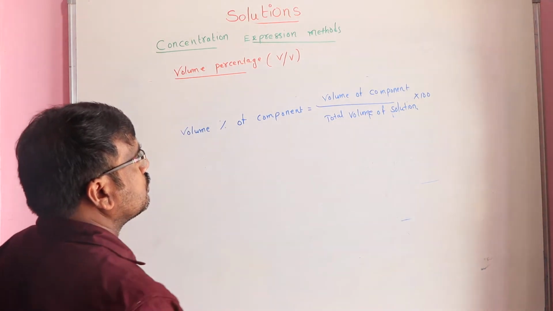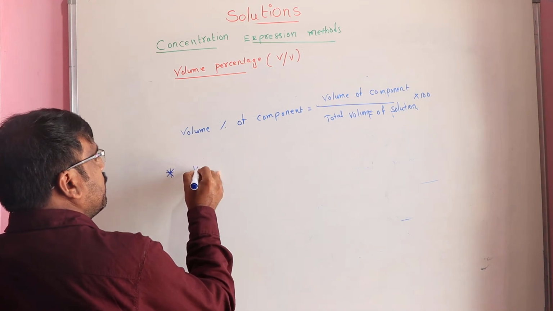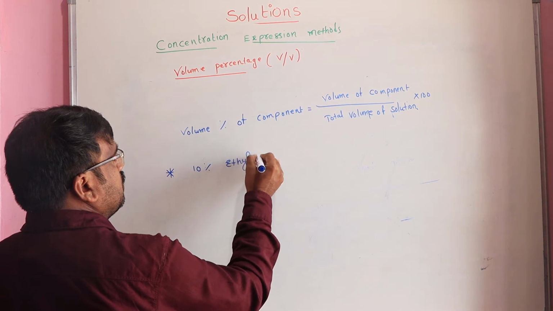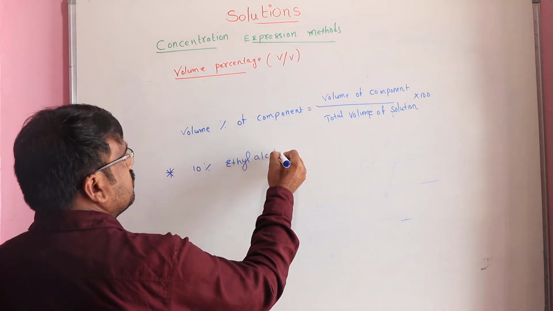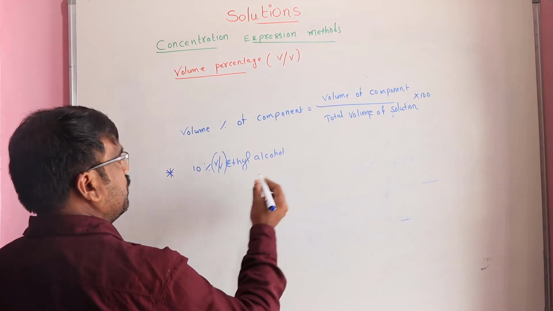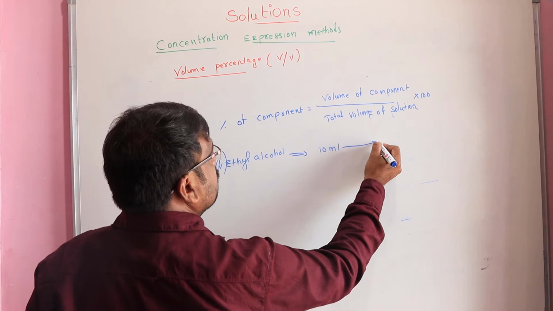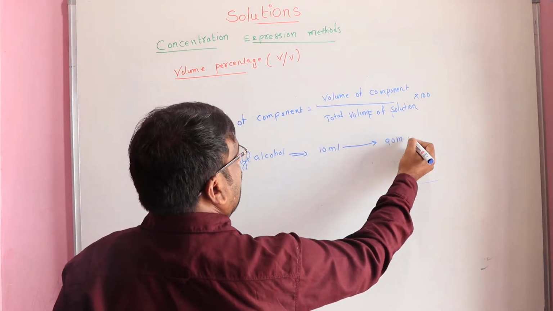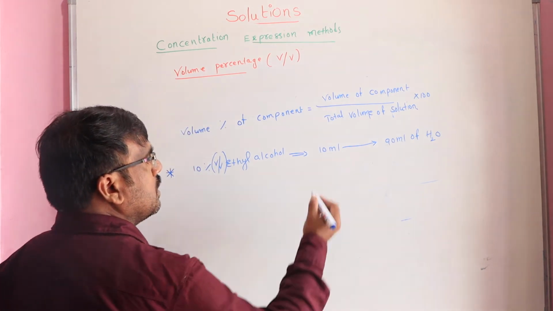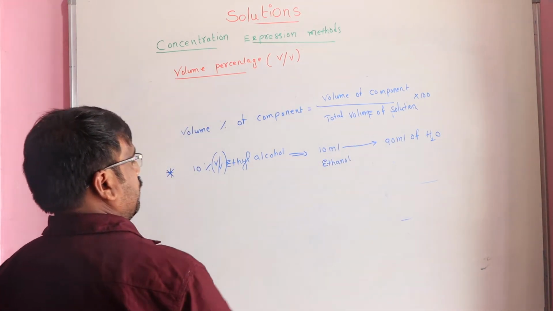For suppose here if we have 10% of ethyl alcohol, what is the meaning of it? 10% volume by volume given means 10 ml of ethyl alcohol dissolved in 90 ml of water. That is the meaning.